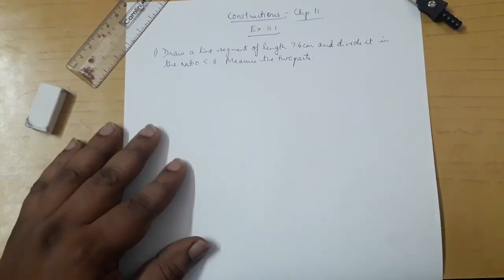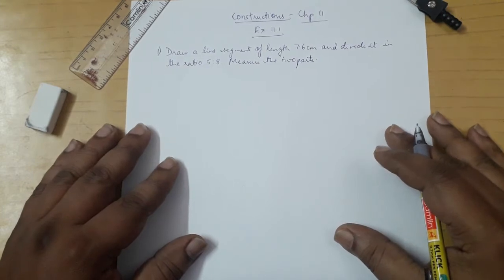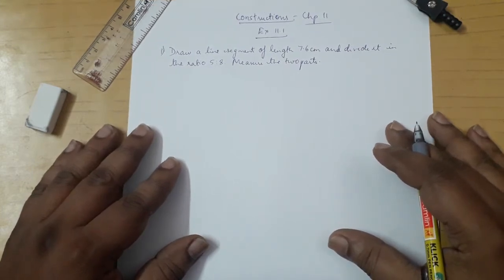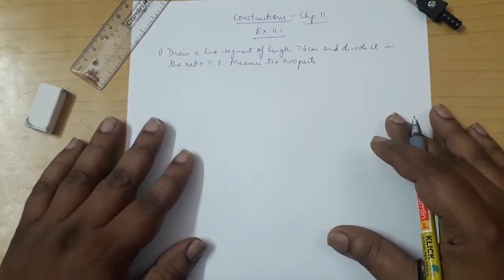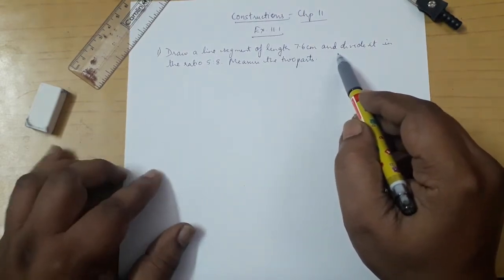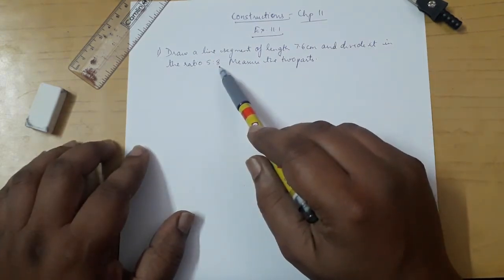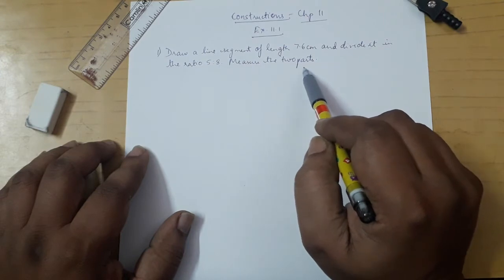So let's begin with exercise 11.1, and the first question says draw a line segment of length 7.6 centimeters and divide it in the ratio 5:8. Measure the two parts.